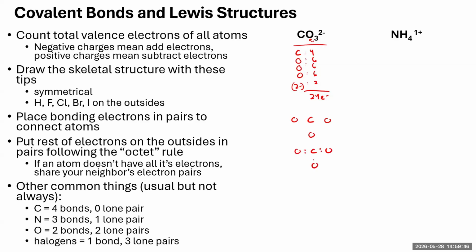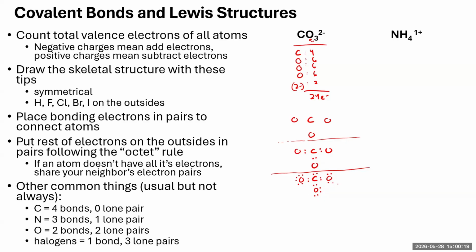Place bonding electrons in pairs. 1, 2, 3, 4, 5, 6. All right. And let's start throwing them on everything. Sorry. I'm going to draw a little line to keep them separated here. 1, 2, 3, 4, 5, 6. All right, the rest of them, 7, 8, 9, 10, up to 22. It doesn't matter.